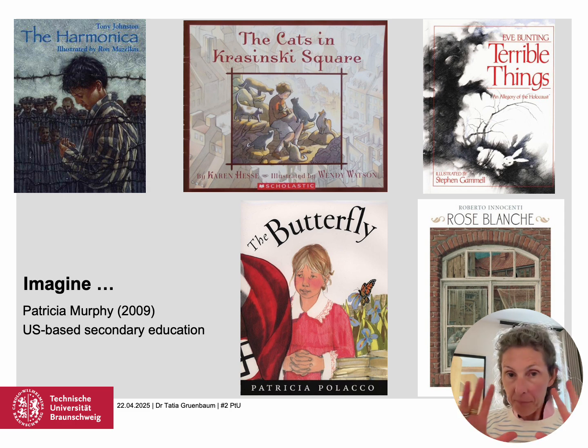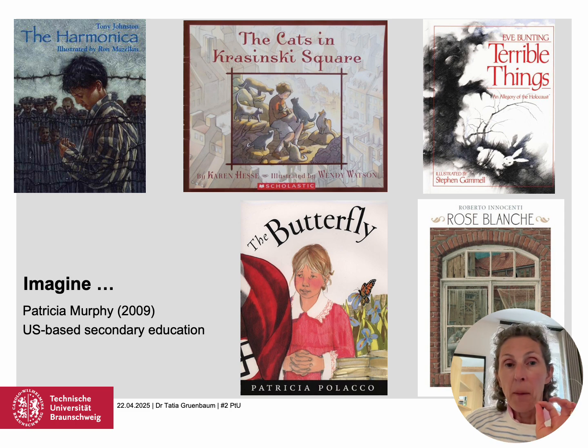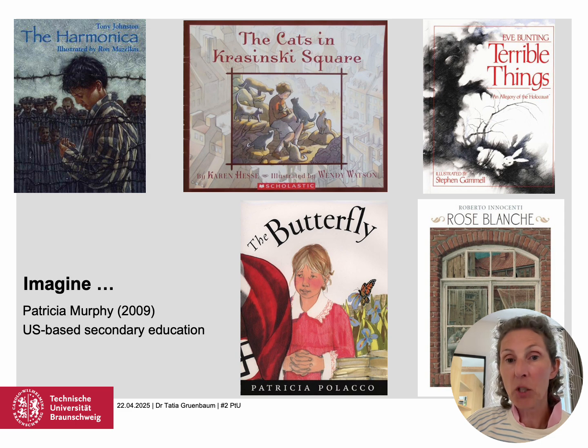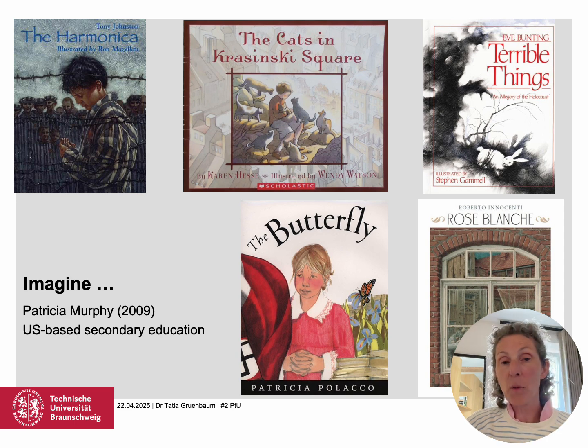language learning. Here goes. Patricia writes, imagine a group of 7th grade students, so that would be around 12 years old from what I understand, launching into a study of the Holocaust in US history. 4 to 6 children clustered around 22 books such as The Harmonica by Johnston, The Cats in Krasinski Square by Hess, Terrible Things by Bunting, The Butterfly by Polacco, and Rose Blanche by Innocenti.